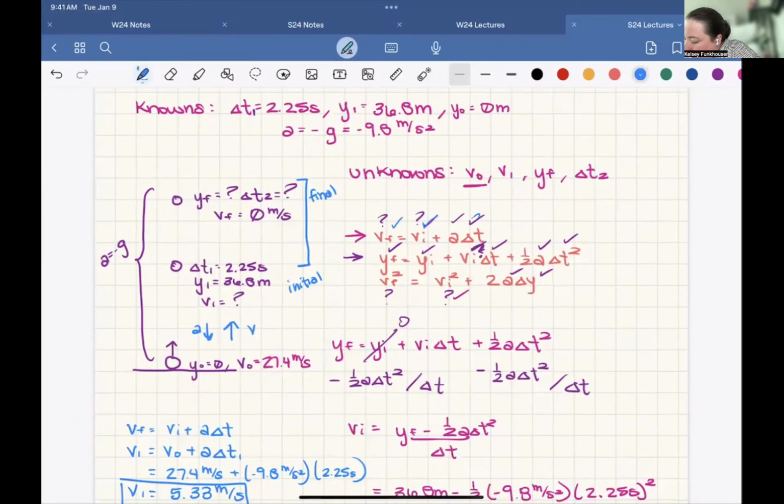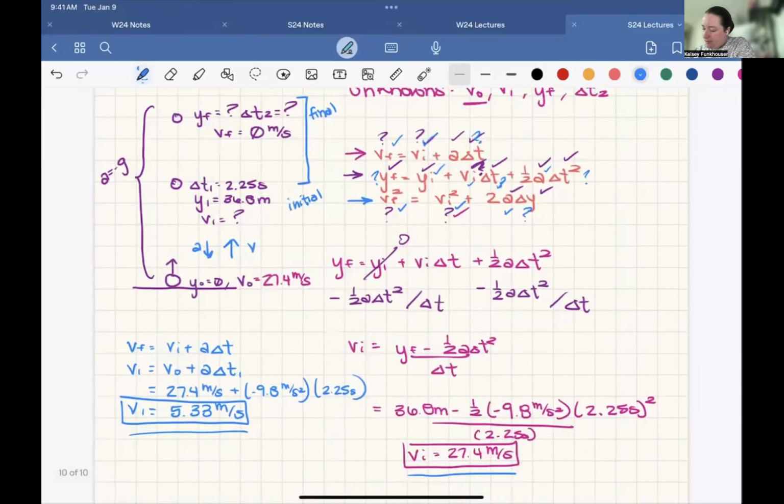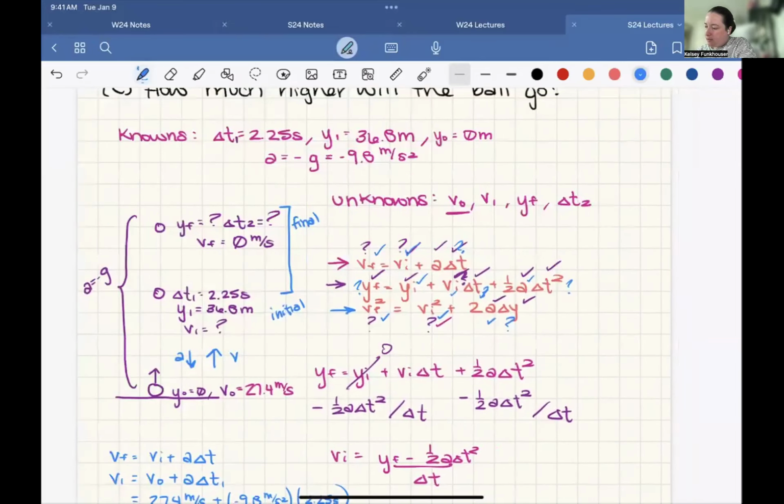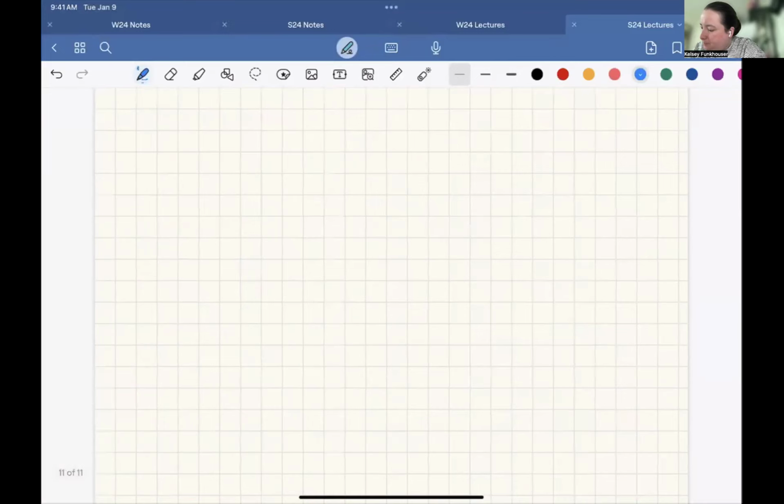We don't know the time interval. We know the acceleration. We don't know the final y position. Since we know both velocities and the acceleration, and we want the displacement, it looks like we're going to be using this equation, and we're going to do it on the next page.